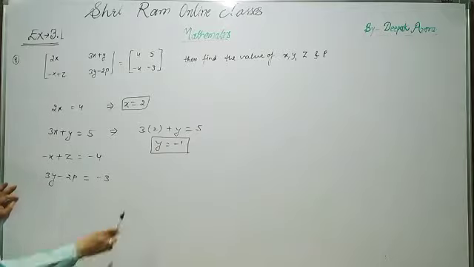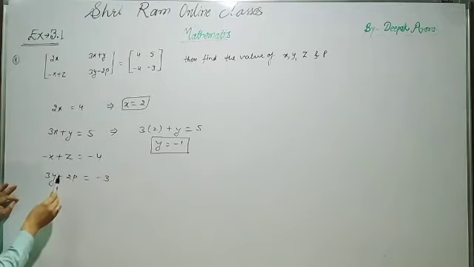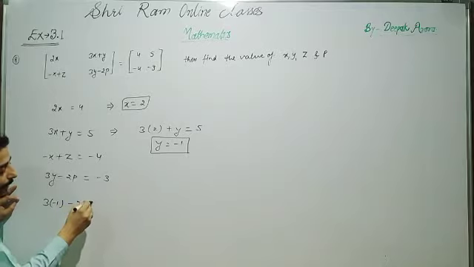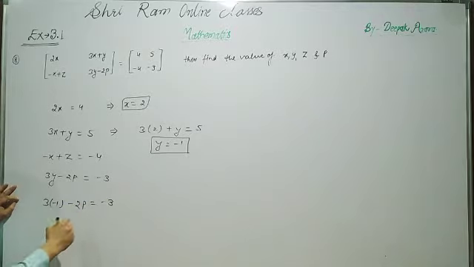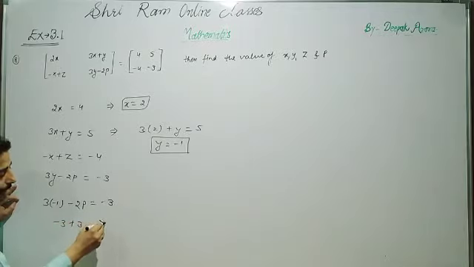We have used that value in the case of the last question of 4 also. Then 3 times minus 1 minus 2p is minus 3, so by replacing, minus 3 plus 3 is equal to 2p, then the p value is 0 by the fourth equation.